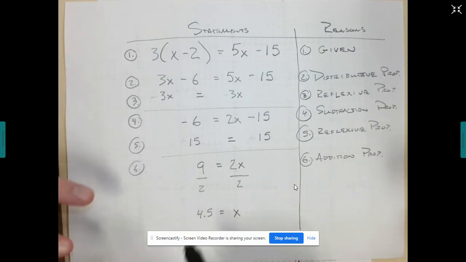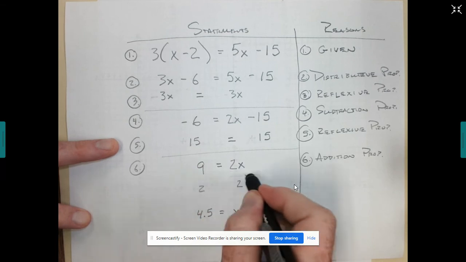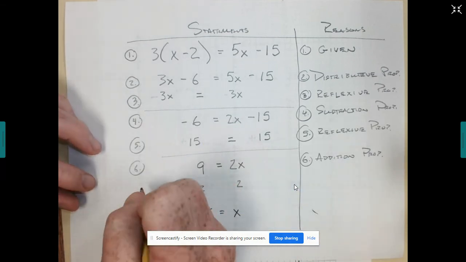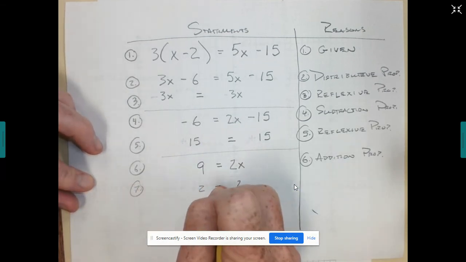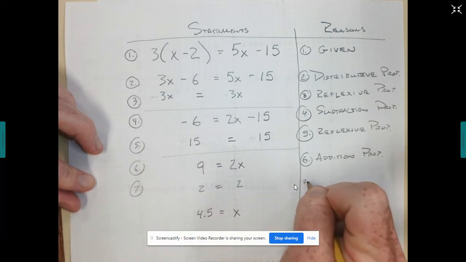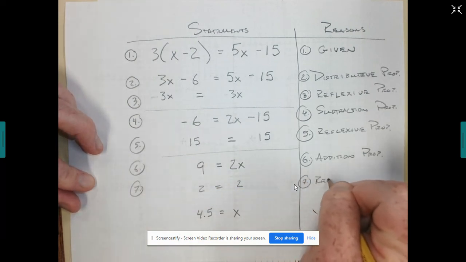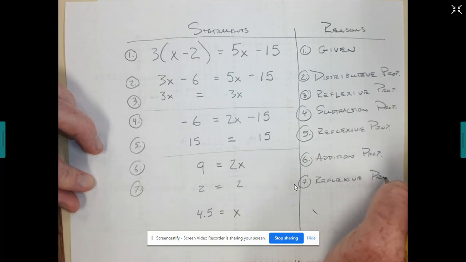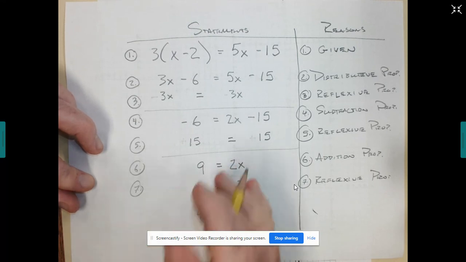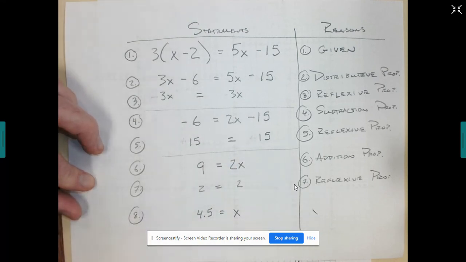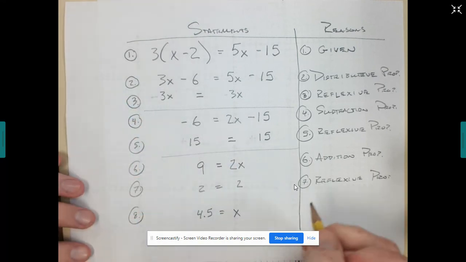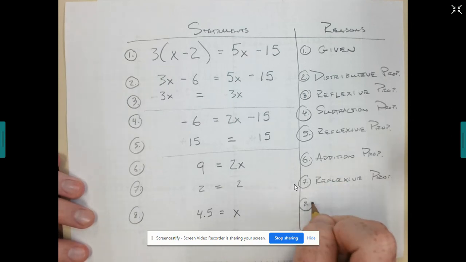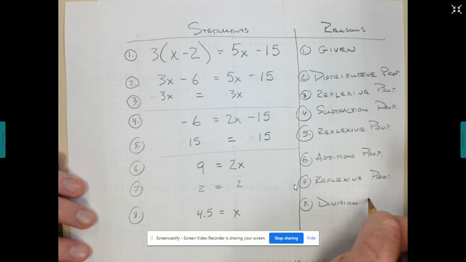Again, we did something with 2 on both sides of the equation. This is our reflexive move. And the way we were able to get to our very end move was we divided 2 on both sides. So we're announcing that we made a division move, the division property.